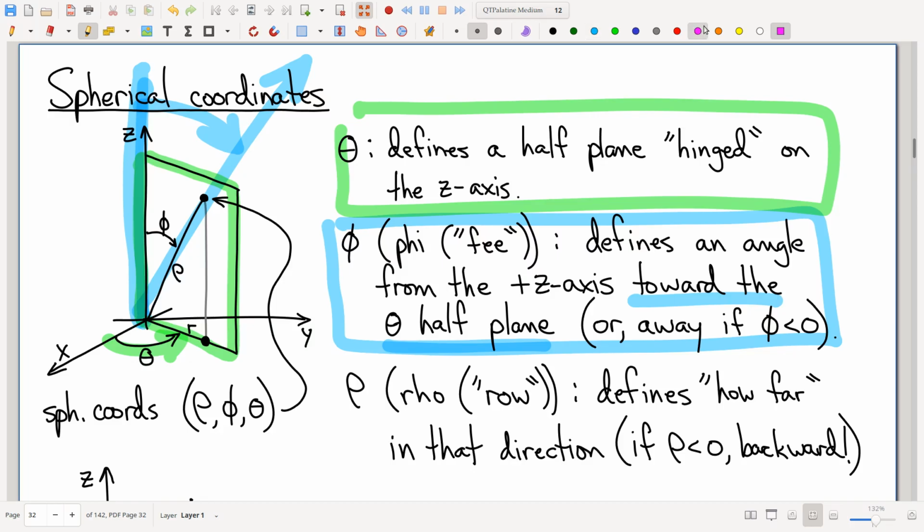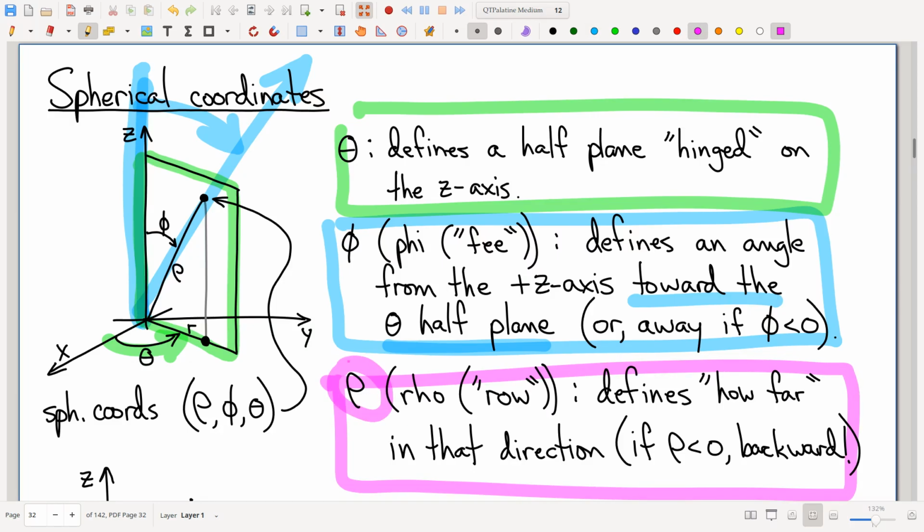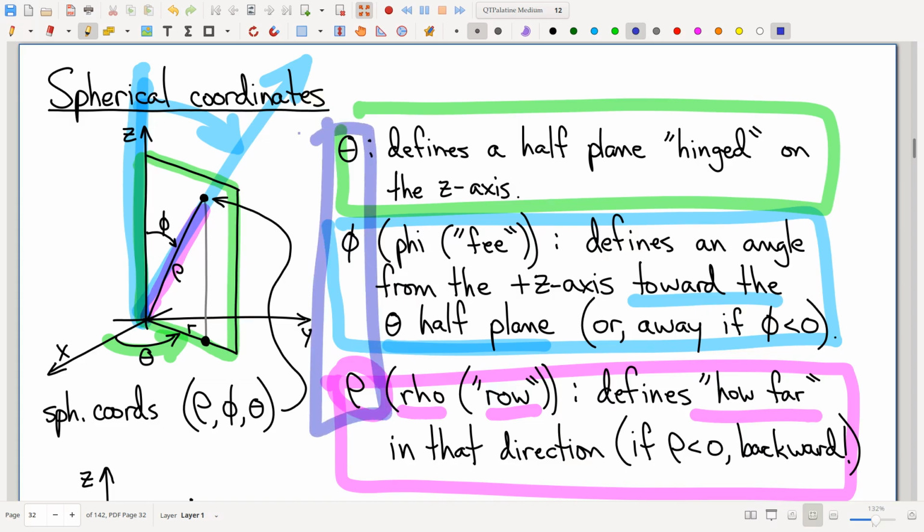And then, again, air quotes around the how far, but rho, this Greek letter called rho, says how far, air quotes, you go in that direction, and once you go that far in that direction, then these are the coordinates of that point. And again, it's not a distance. Rho is a coordinate, not a distance.